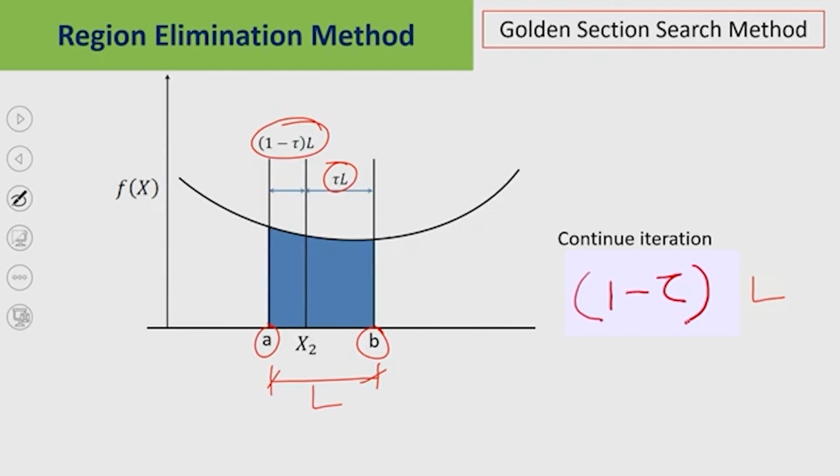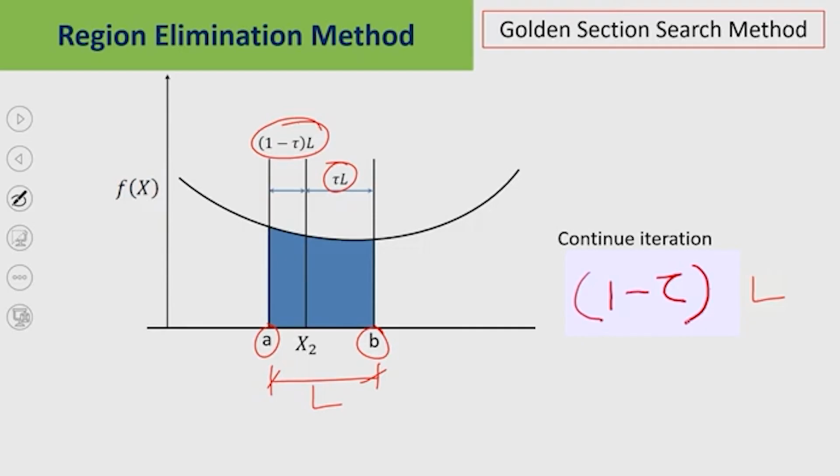Now, look at the interval halving method. In the first iteration you are doing 3 function evaluations, that means at x1, x2 and xm, and from the second iteration itself we are doing 2 function evaluations in case of interval halving method. And how much region am I eliminating?